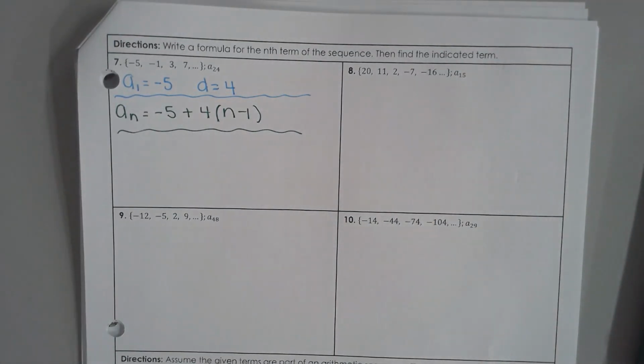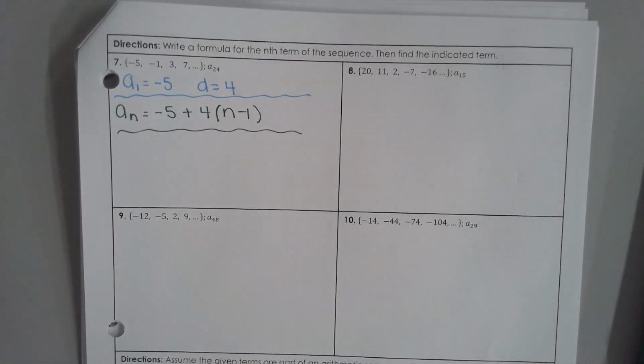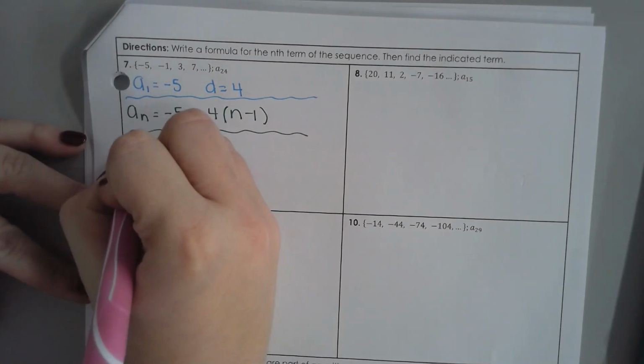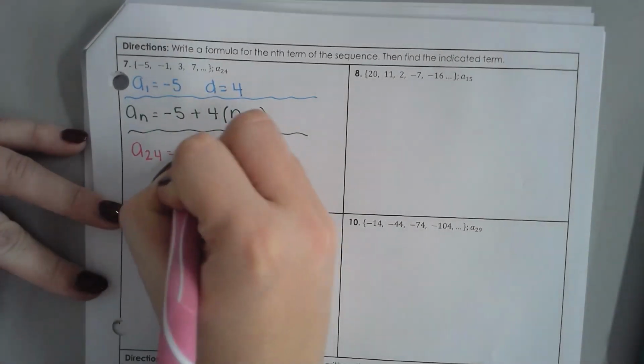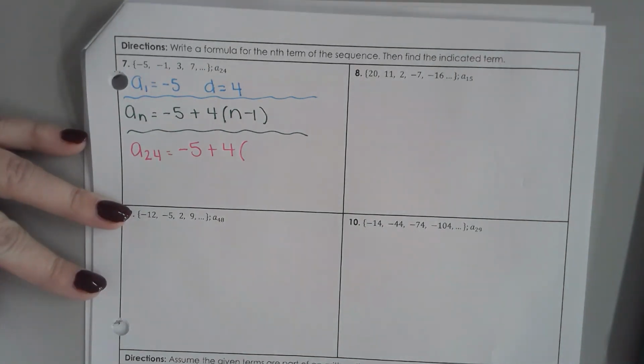And then it's asking for my 24th term. So I'm not looking for an answer yet. You're just going to tell me how I am going to find the 24th term. And Amanda, what am I going to do to find the 24th term? -5 plus 4, and then in parentheses 24 minus 1.